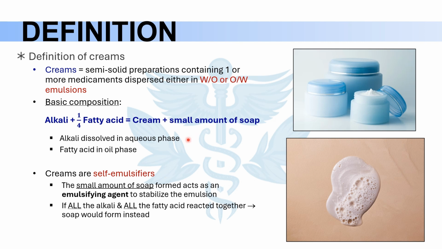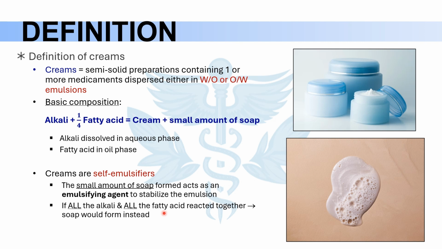The alkali is dissolved in the aqueous portion of the emulsion and the fatty acid in the oily portion of the emulsion. So why did we say that all of the alkali neutralizes only a quarter of the amount of fatty acid? What happens if all of the alkali were to neutralize all of the fatty acid? Well, if that were to happen, then we would obtain only soap instead of a cream, and our aim is to obtain a cream.